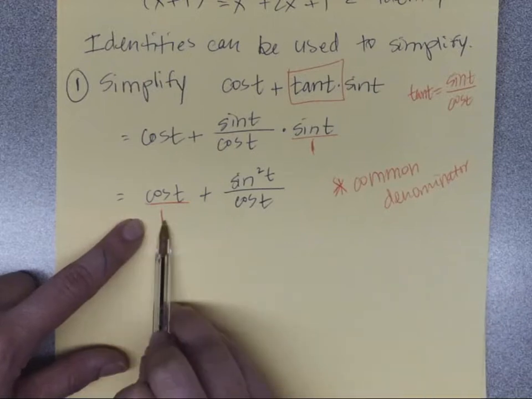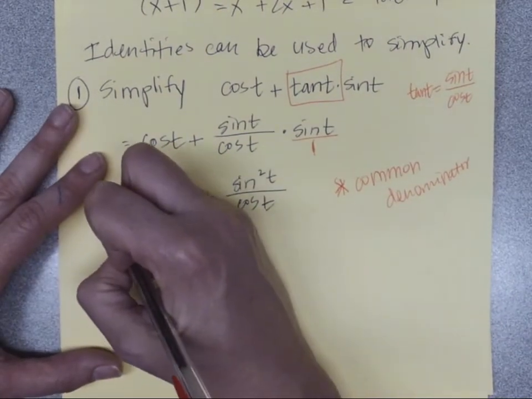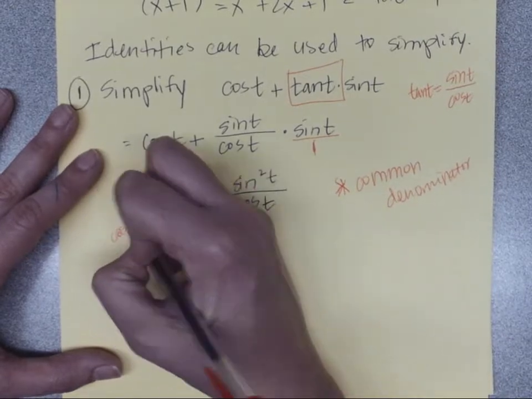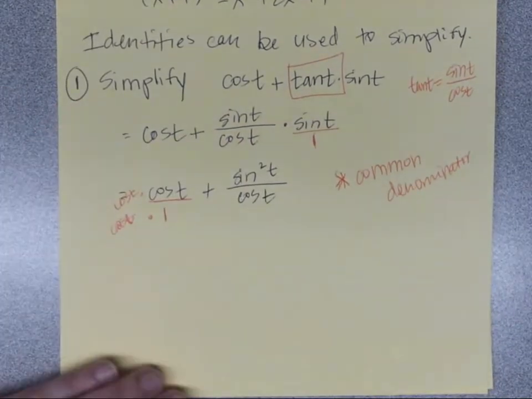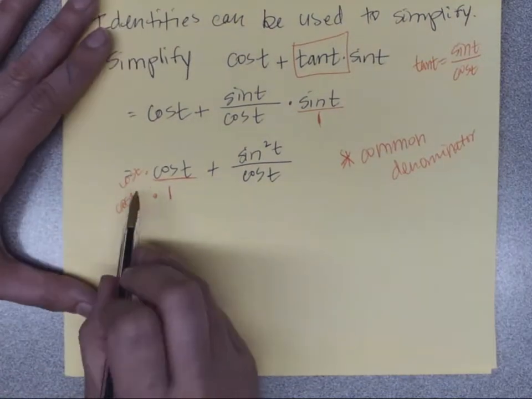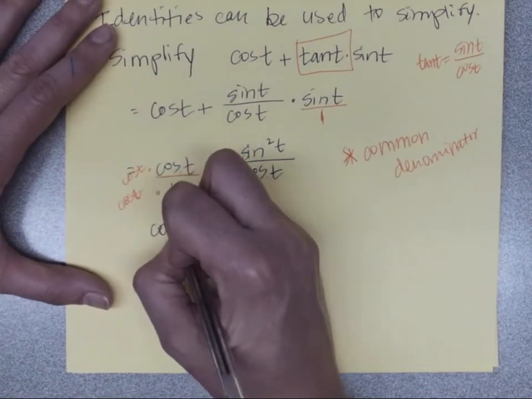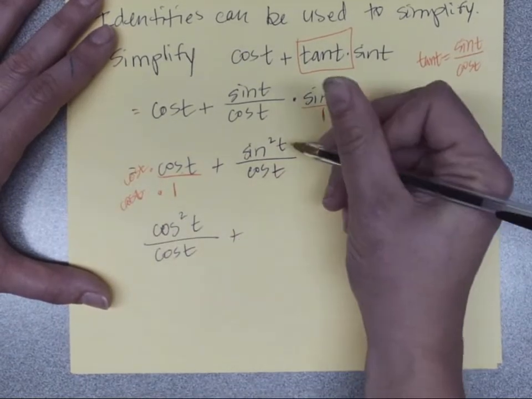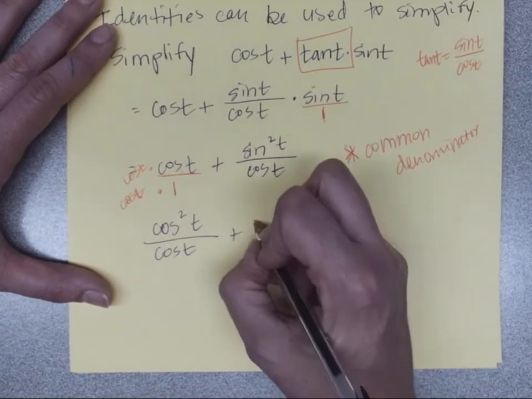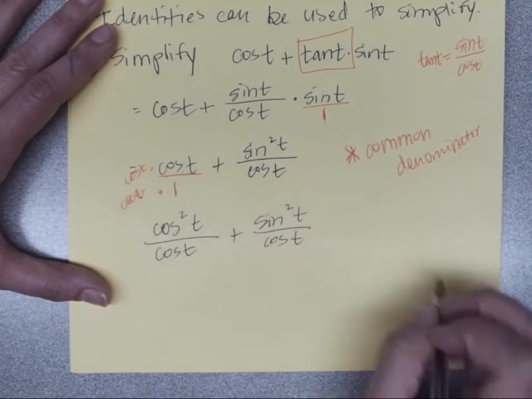The way that I turn a 1 into a cosine of t is by multiplying the denominator by cosine of t. I also have to multiply the numerator by cosine of t if I do the denominator. So now I get cosine of t times cosine of t is cosine squared t over cosine of t. Here I didn't have to do anything to get my common denominator. I get sine squared of t over cosine of t.